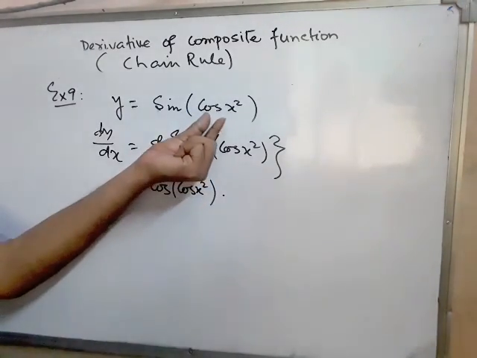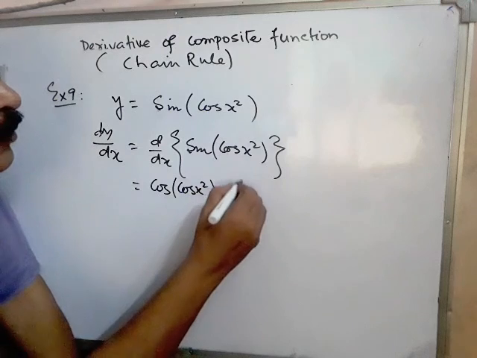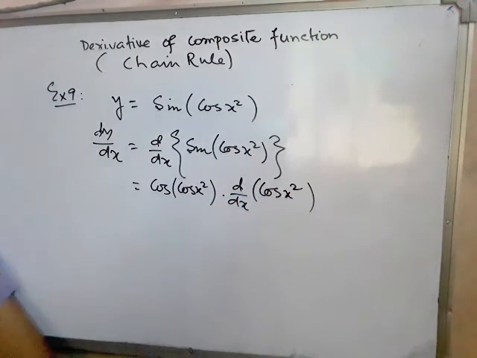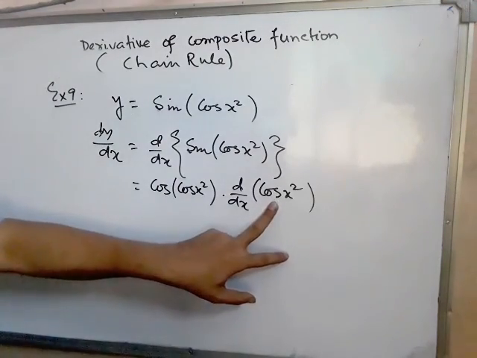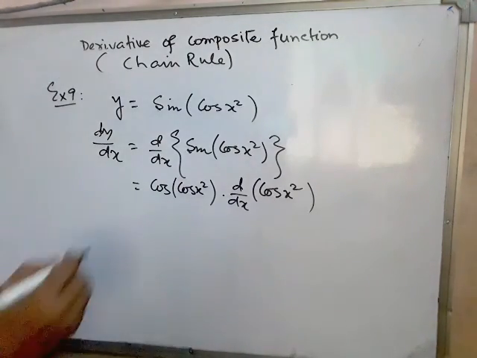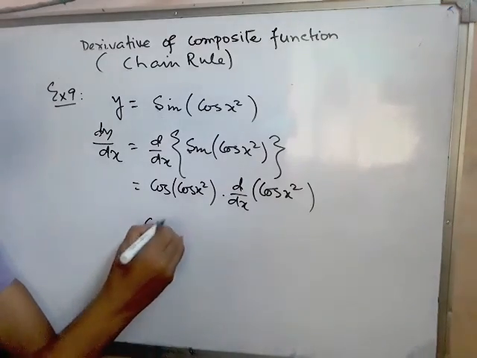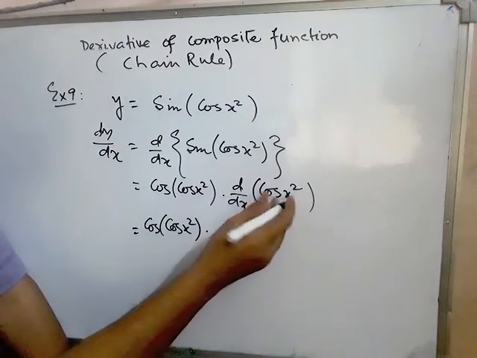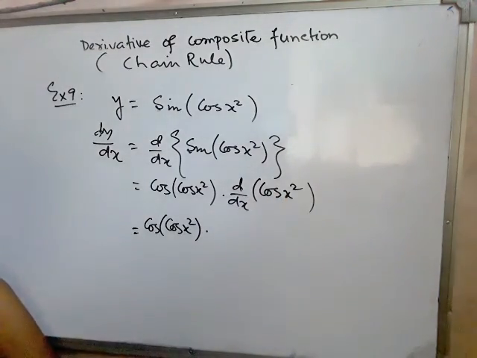Now since it is a function of x, derivative of cos x square. Again we will mentally consider this is cos u. So therefore answer will be cos of cos x square into derivative of cos theta, which is minus sin theta. Derivative of cos x is minus sin x.